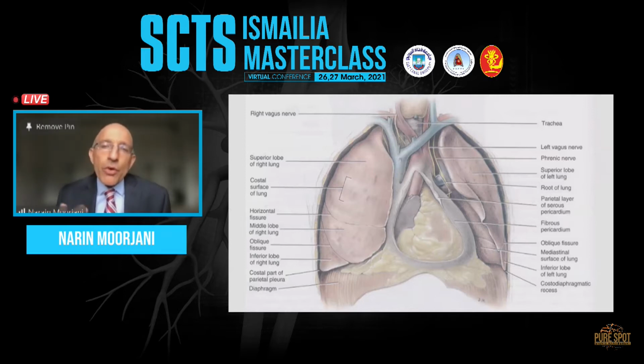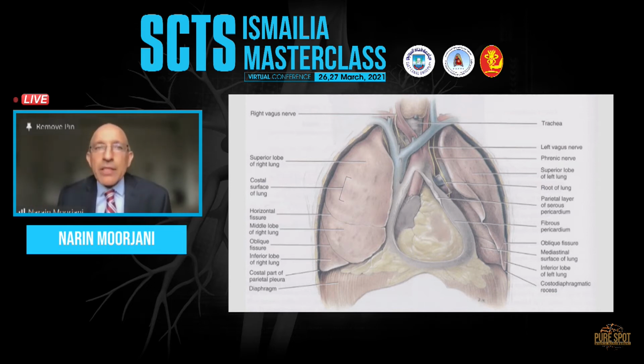So moving further on, once you get down through the mediastinum, you get to the pericardium. The pericardium itself is made up of different structures. You've got the fibrous pericardium, which is the outer layer, and then you've got the serous pericardium, which consists of the parietal outer layer and the inner visceral layer.